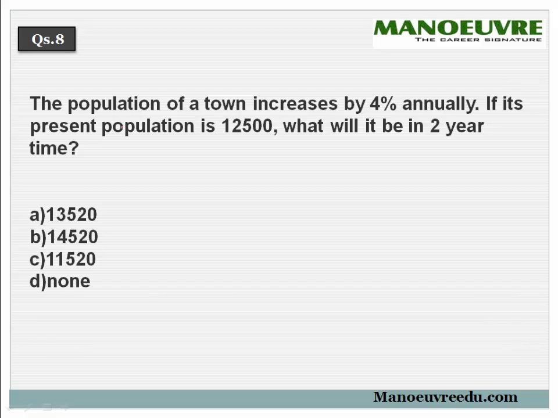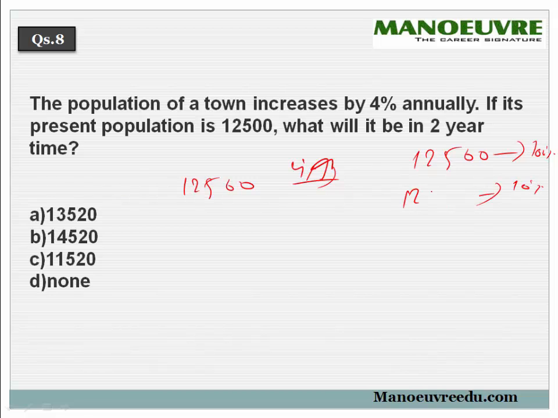8th question. The population of a town increases by 4% annually. If its present population is 12,500, what will it be in 2 years' time? Okay, again like the previous question. So the present population I know is 12,500, and the population of the town increases by 4% annually. I know 12,500 is my 100%. So my 10% is what? 1250.